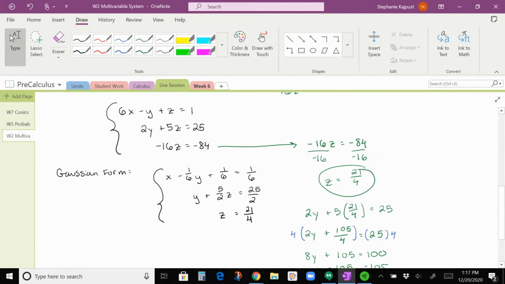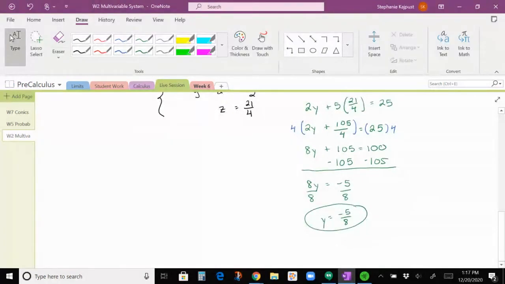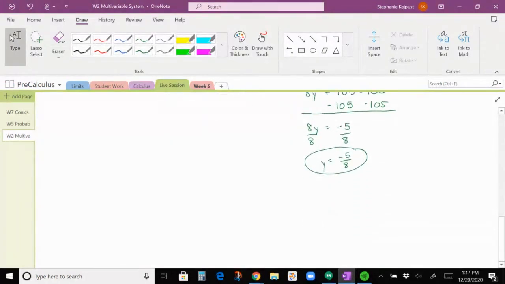And I'm going to use the 6x - y + z = 1, just because that's a little bit easier to work with than doing all these 1/6 kind of things. So we have 6x - y, so it's -5/8, plus z.